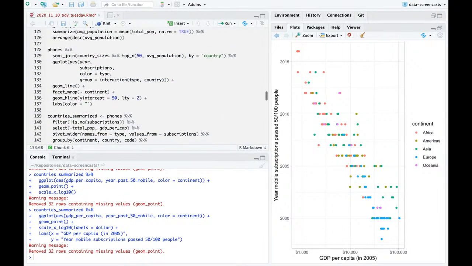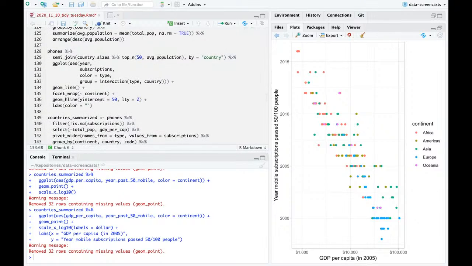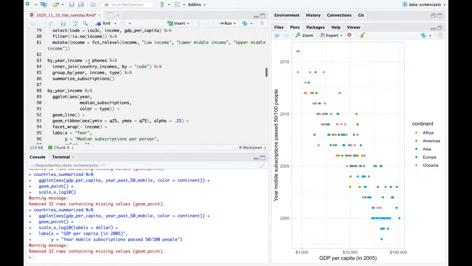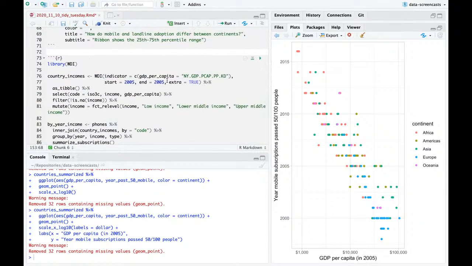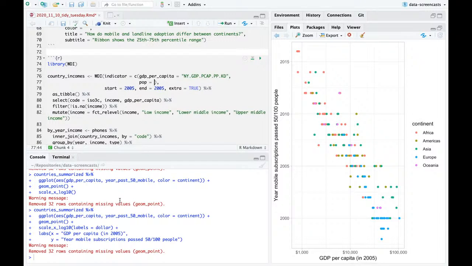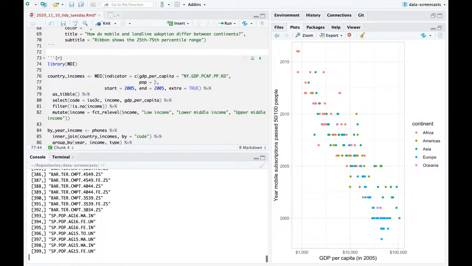All this population stuff, I can get it out of the tables, but I'm going to do it from GDP, just so I get all my stats from the same place. I'm going to say pop is WI search population.